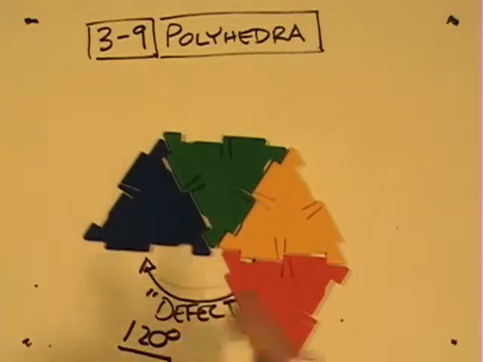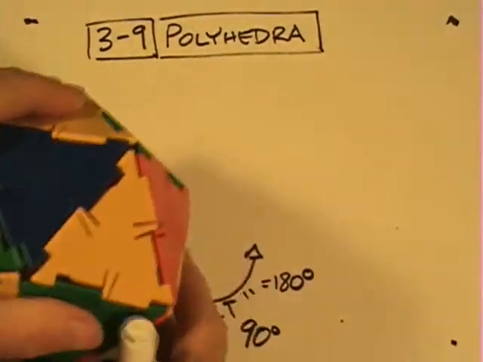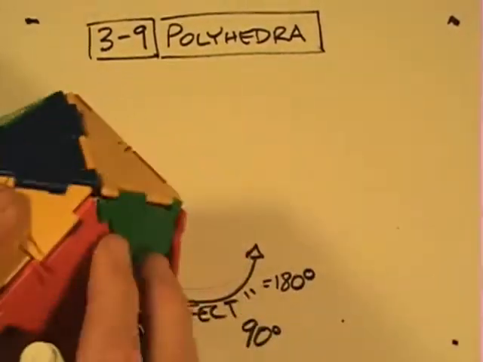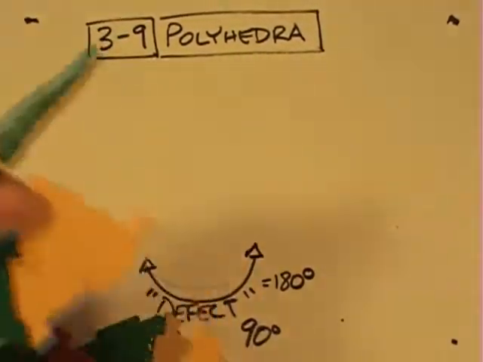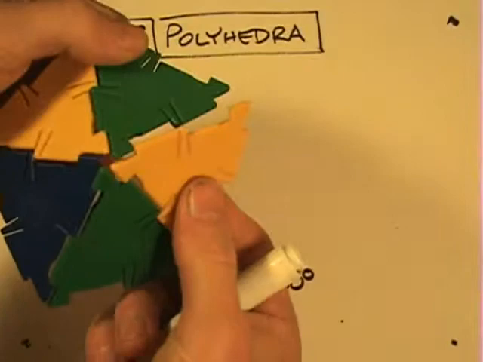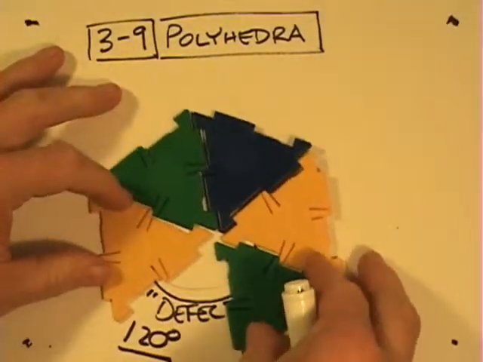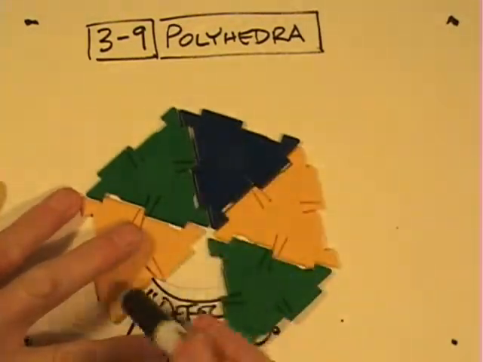Okay, our icosahedron gets a little bit more complicated. All right, if I break this open, now I've got 5 of these making one corner like this. Right, so when I open that up, now I've got my defect angle here. I've got to cover up my 120. That defect angle's down to just 60 degrees.